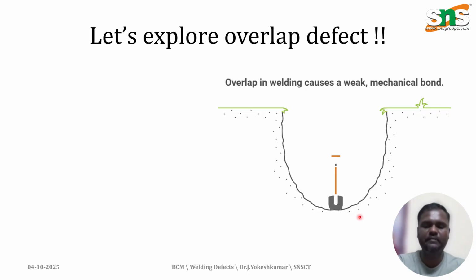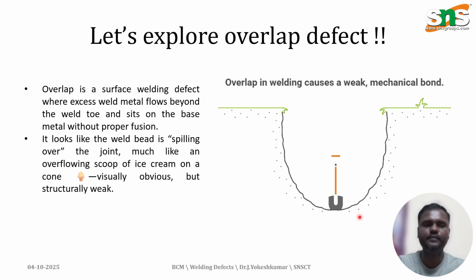Let us have a discussion on this. Coming to this overlap, it is a surface defect. Normally it occurs on the surface, where the excess metal flows beyond the weld toe and sits on the base without proper fusion. Here you can see there is an excessive formation of metal which comes over the base and is not properly fused together.